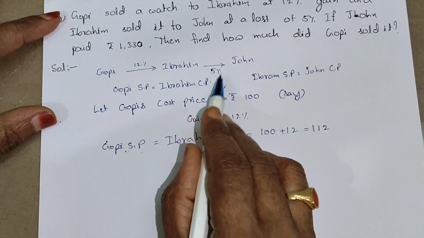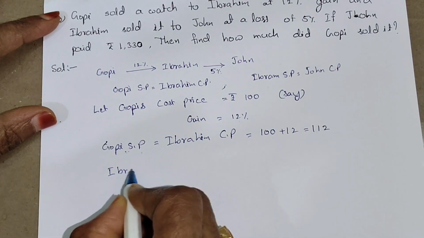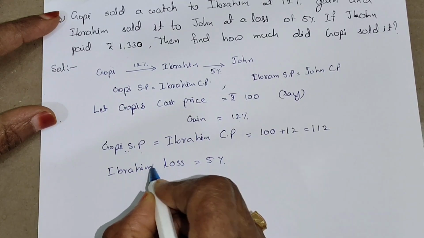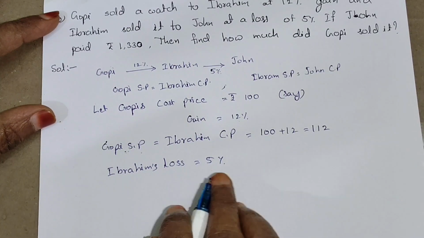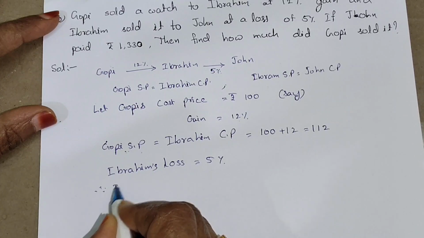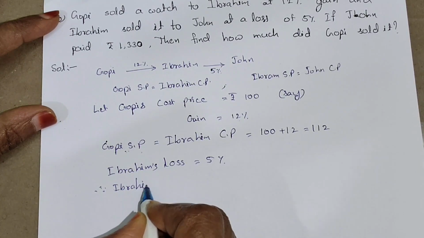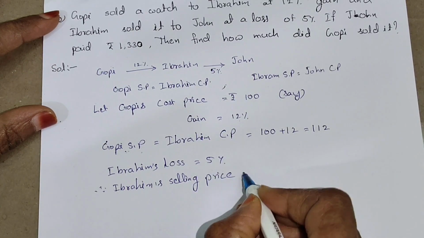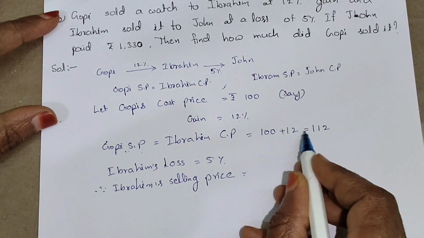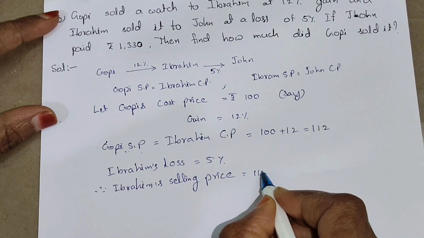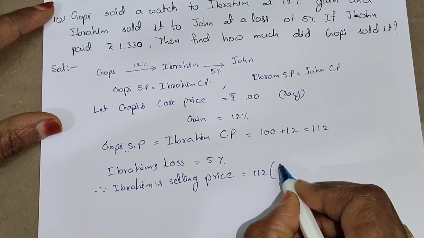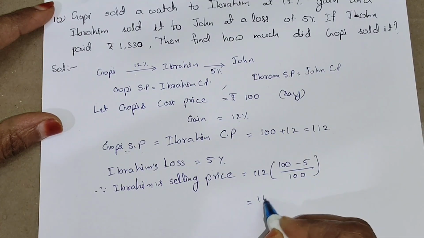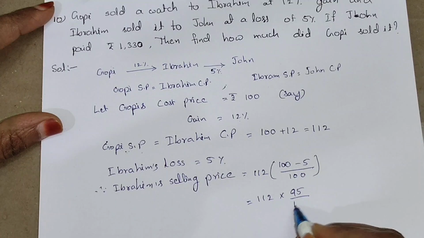Here Ibrahim lost 5%. Ibrahim's loss is equal to 5%. So now we find Ibrahim's selling price. Ibrahim's selling price is equal to his cost price, 112, into 100 minus loss by 100. Now 112 into 95 by 100.